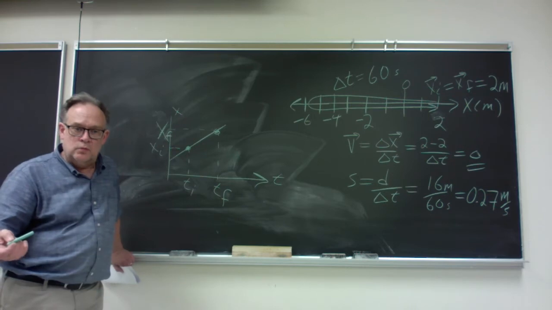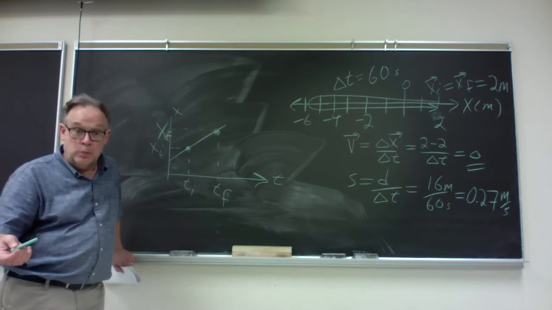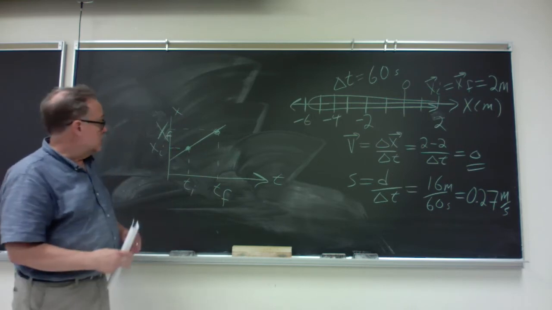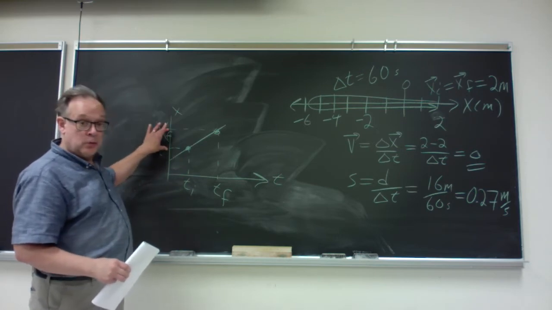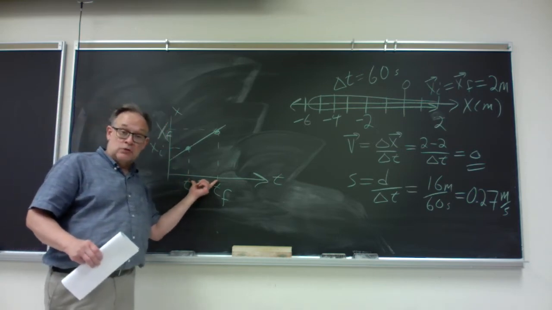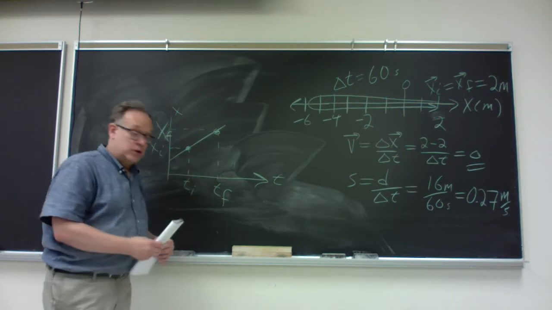And we know the rule for finding the slope of that line. It's just the amount of change in the vertical variable divided by the amount of change in the horizontal variable.